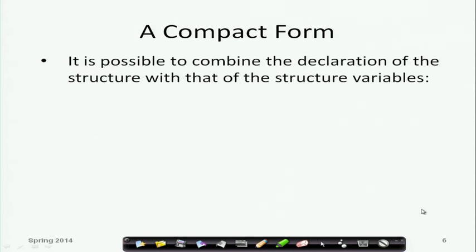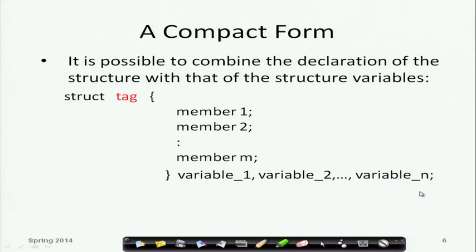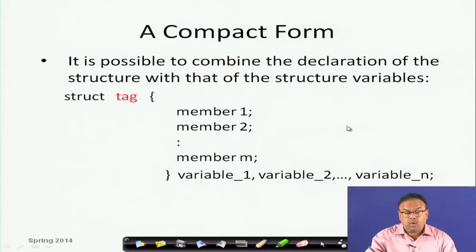So, it is also possible to write it in a much more compact form, like say struct tag. So I write struct student and I declare char name[40], int roll, int total marks, char date of birth[10], okay.